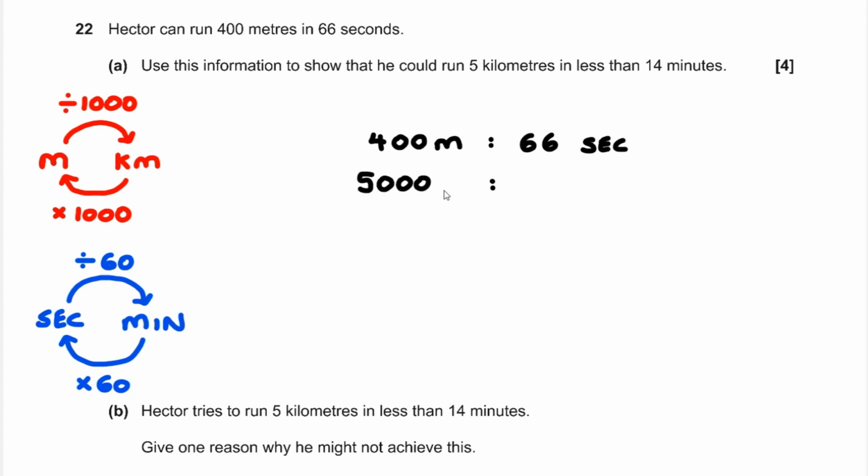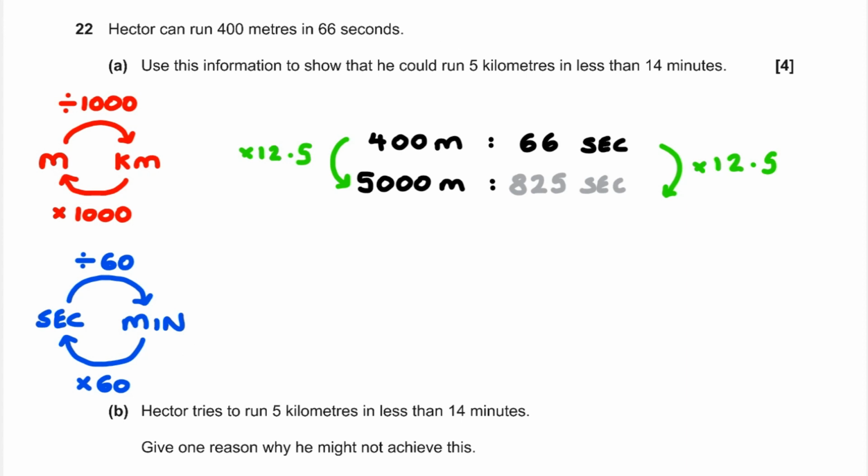So let's try to see what happens when we wish to convert the 5,000 metres, find out how long it will take in seconds. Well, to go from 400 to 5,000, we have to multiply by 12.5, meaning we also have to multiply the 66 by 12.5, leaving us with 825 seconds.